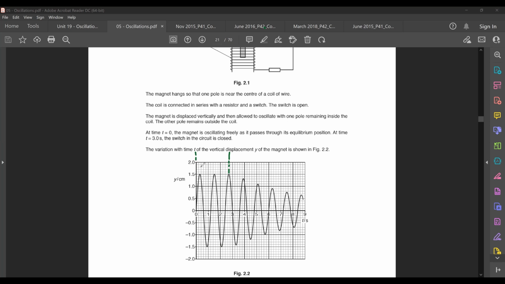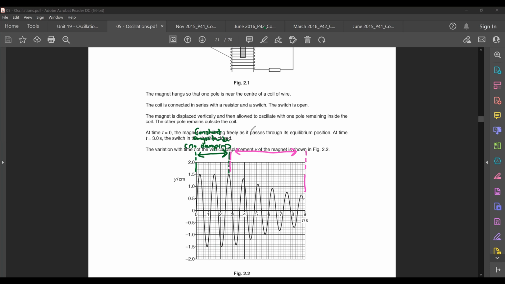Up to this point, you have constant amplitude. So there's no damping here because the amplitude did not drop. But from there onwards, you will notice that your amplitude drops.